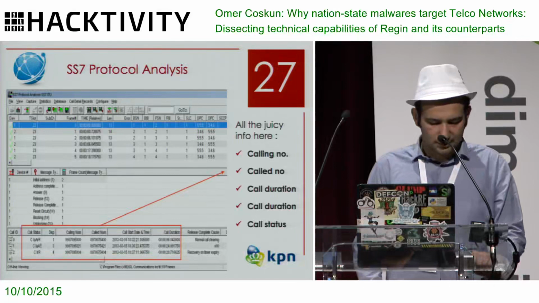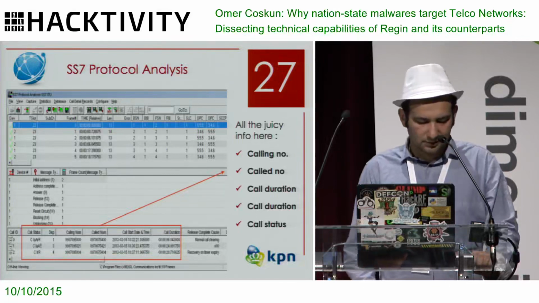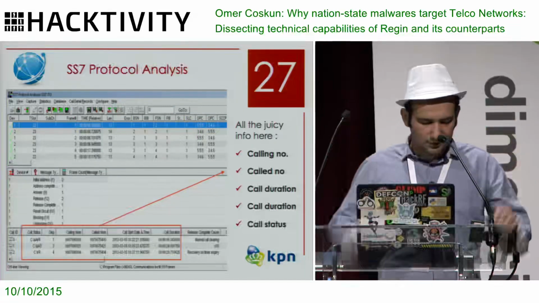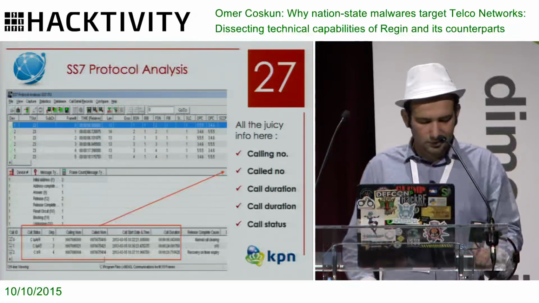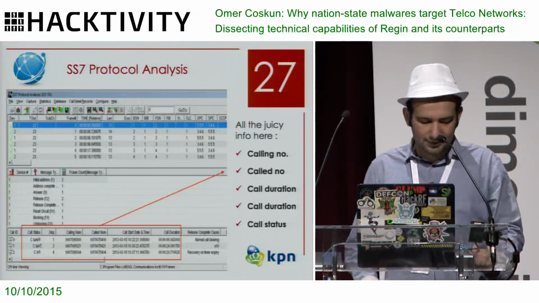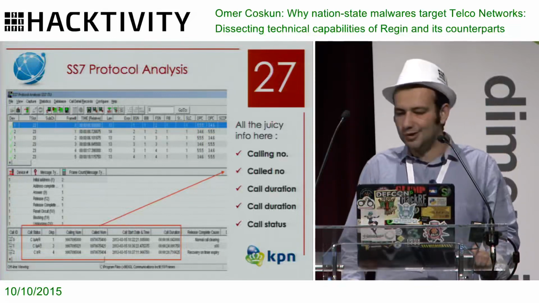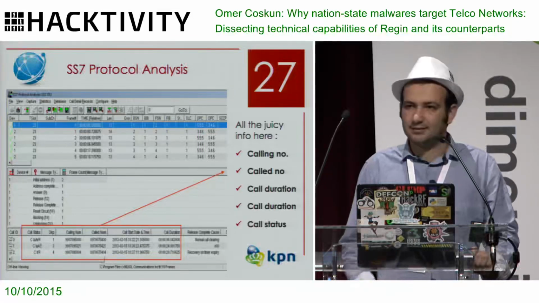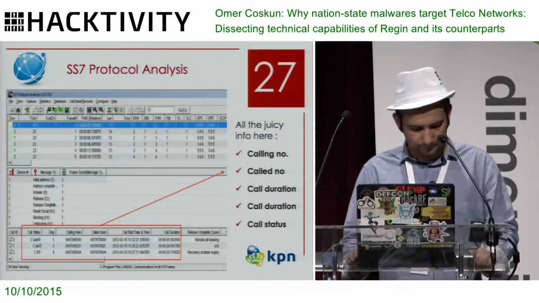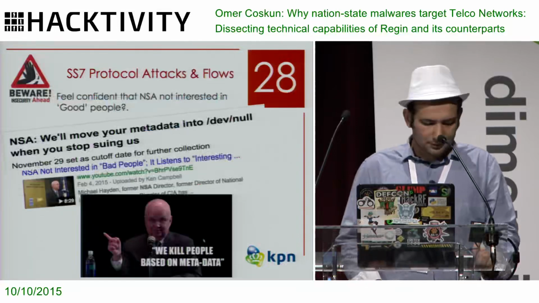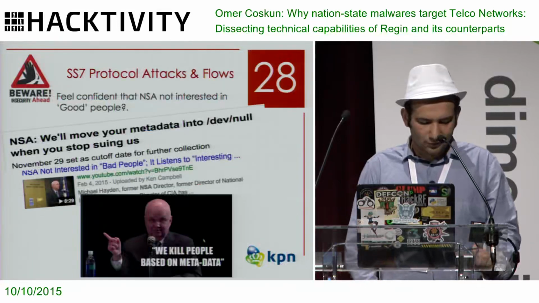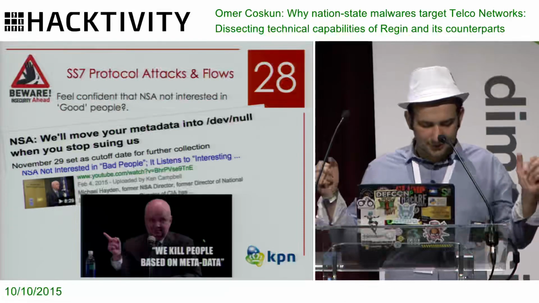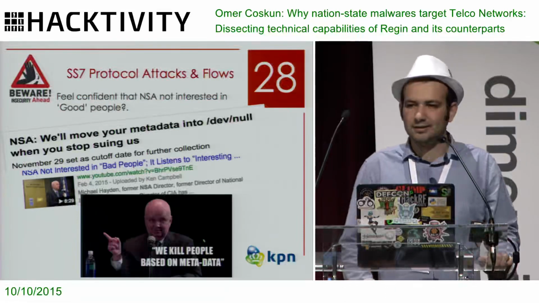The experimentation revealed that it was possible to exfiltrate a lot of, so to say, juicy information, such as caller number, callee number, and information related to their call, such as call duration, call start and end times, and the call status. And please remember that this is all information, so-called metadata, for which people are being killed.